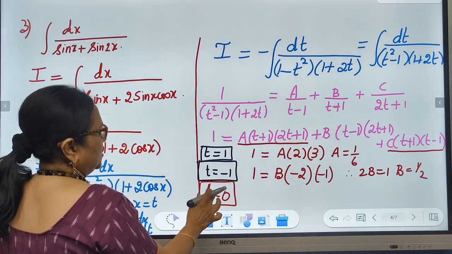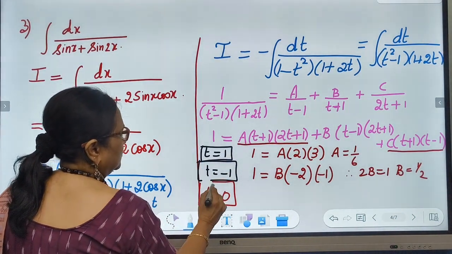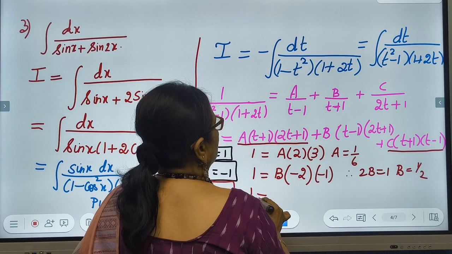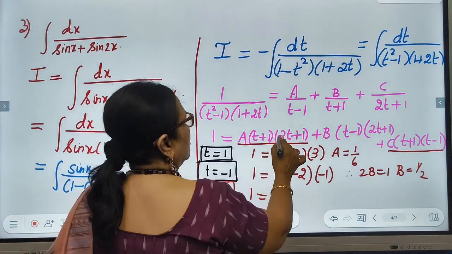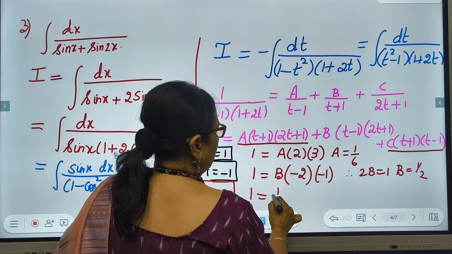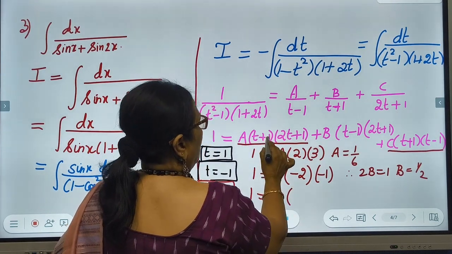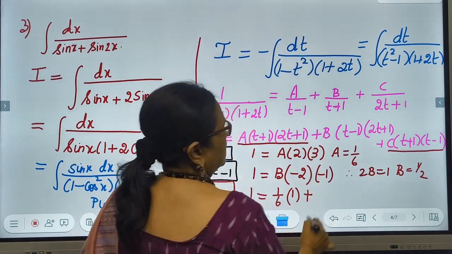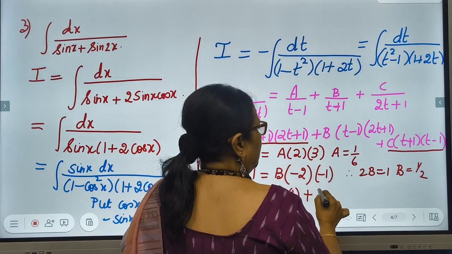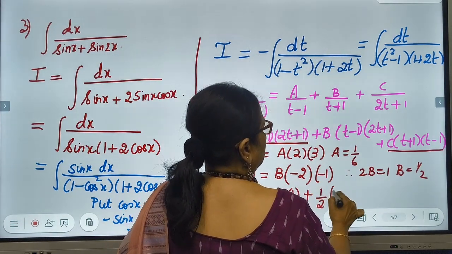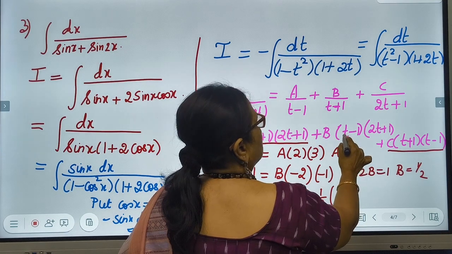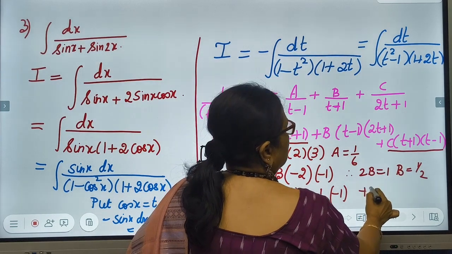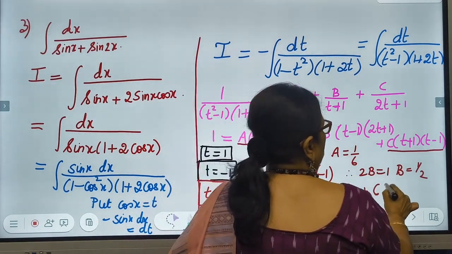Okay, next put t equal to 0. When I put t as 0, I will get 1 equal to a is 1 by 6 into 1 into 1, plus b is half into, when I put t as 0, this becomes minus 1 into 1, plus c into minus 1.